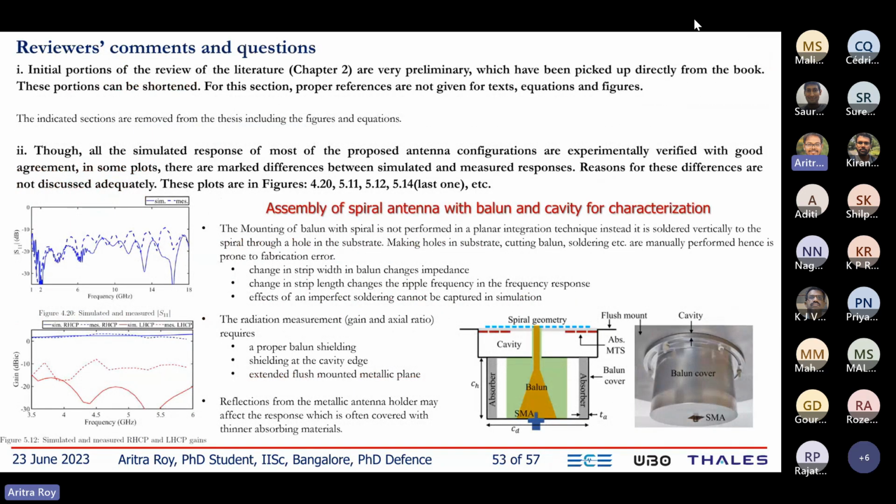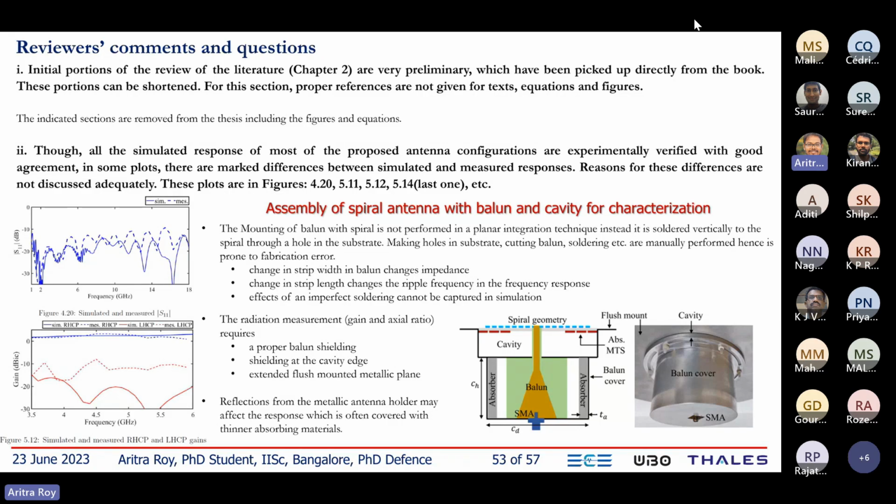Now I think I can address some of the questions or remarks that were given by the reviewers. First, there was a suggestion to remove some of the parts in the preliminary chapters and to address some typos and mistakes. So I have corrected all of them, updated the manuscript and submitted it to the portal.